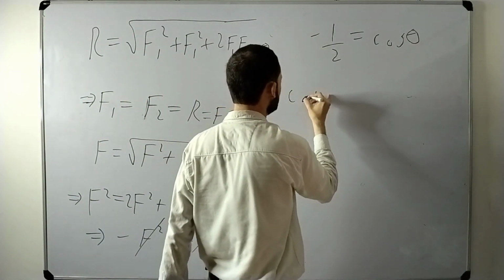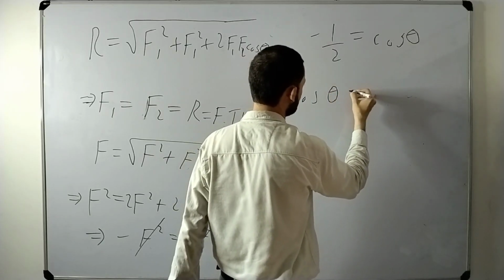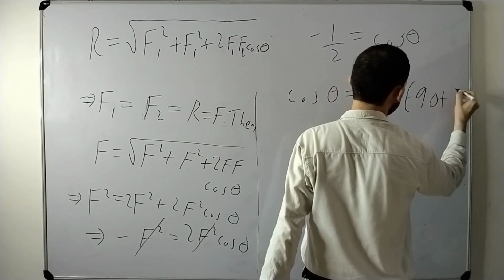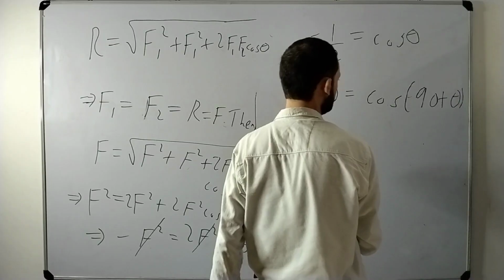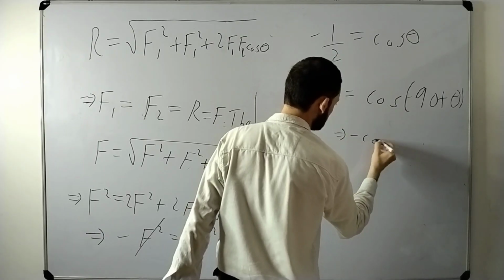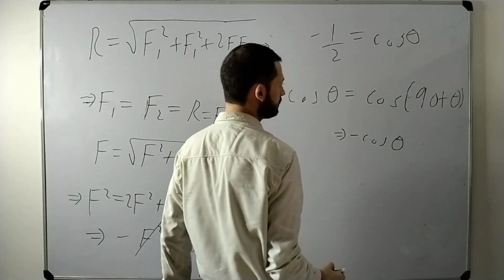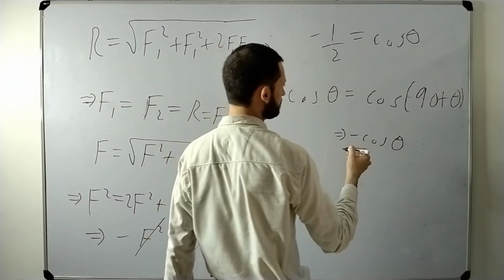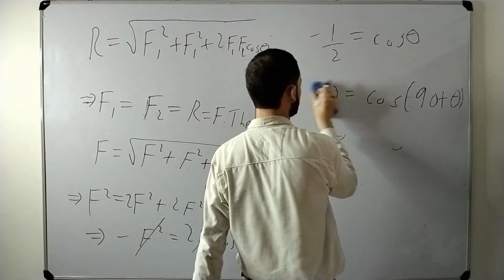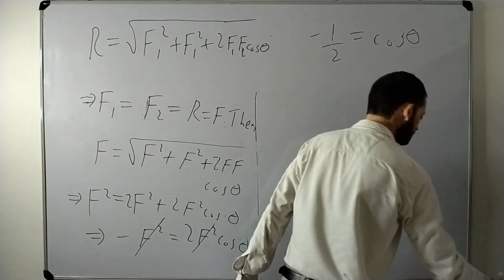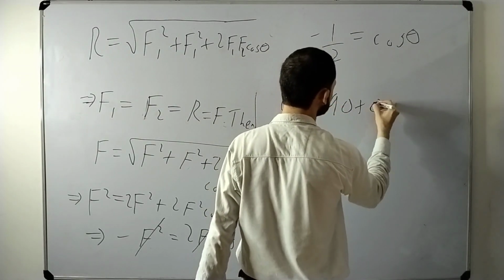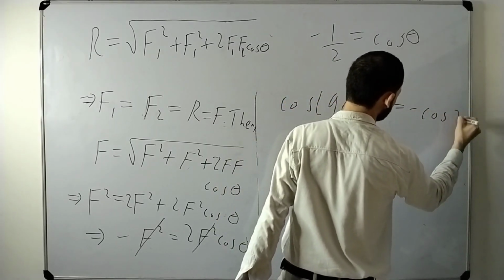Now I need a formula: cos 90 plus theta is equal to minus cos theta.